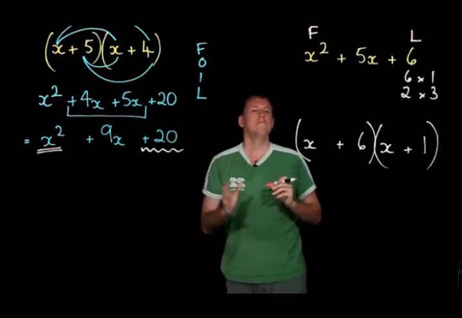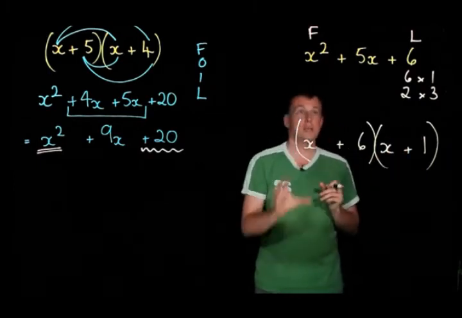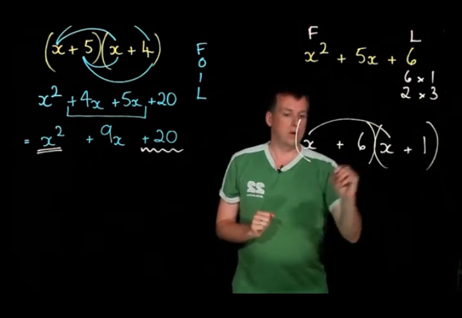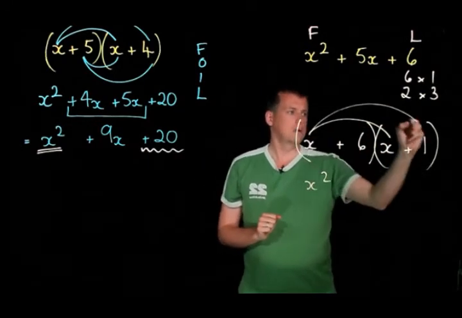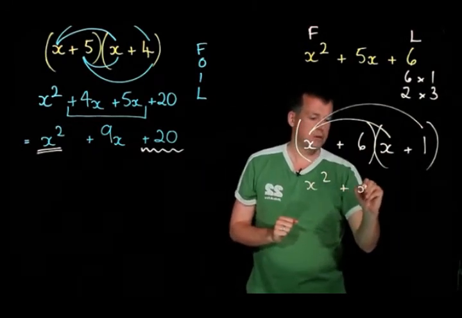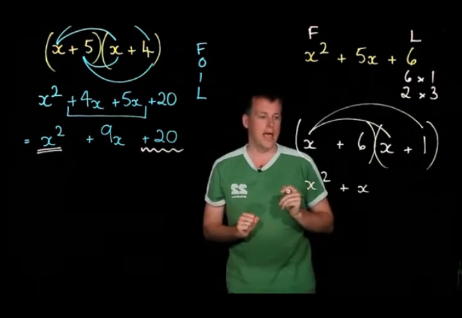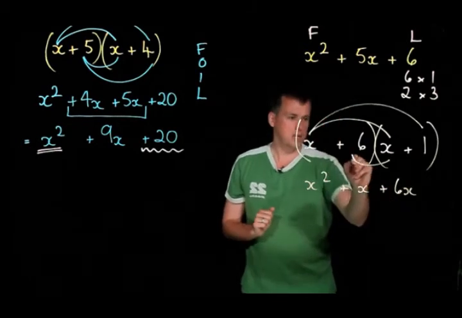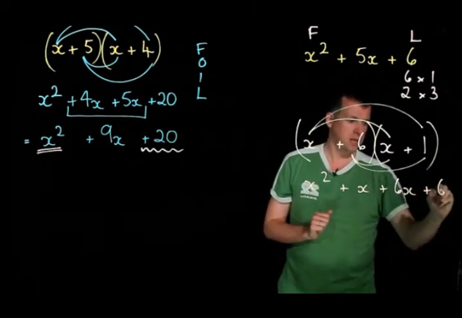If we multiply this out to see if we get our correct solution here, using our FOIL method, we'll end up with x squared plus 1x. We don't write 1x, we'll just write a single x term there, plus 6x, and 6 times 1 gives me plus 6.